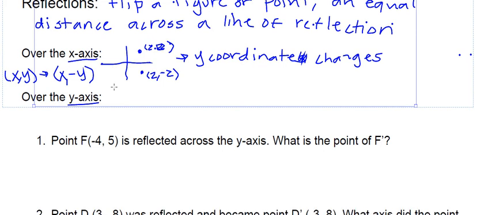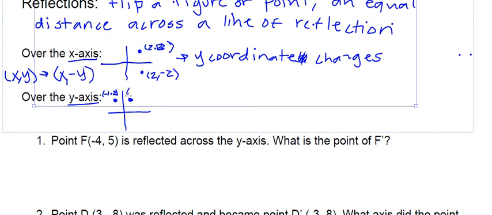So reflecting over the y-axis is very, very similar, except now you're taking some point. So let's say you're taking this point. Let's say that's -1, 2. And now you're reflecting it over a vertical line. You're reflecting it over this axis here. So now it is over here.